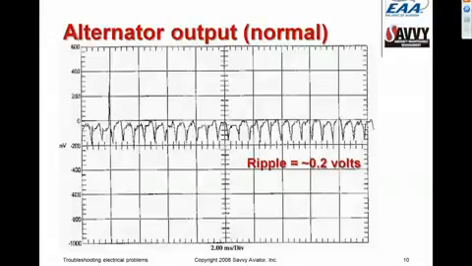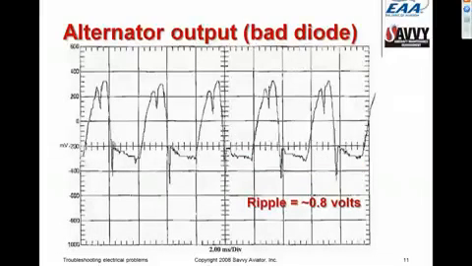On the other hand, if one of the diodes goes out in the alternator, then the output waveform gets real nasty, and in this case we've got a ripple that's about 8/10 of a volt peak to peak, and as you can see, it's a very nasty waveform that generates all sorts of horrible harmonics, and that's the kind of stuff that causes alternator whine in our radios.